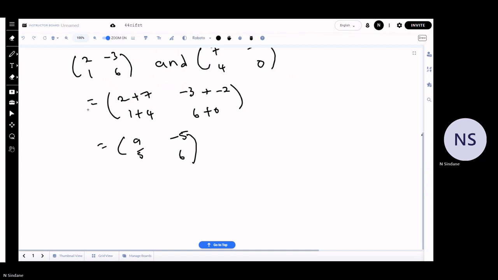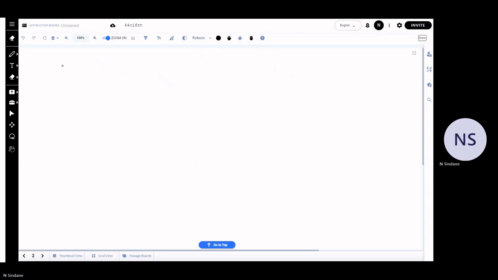Let's take another example. Second example, you are given -3, 0, 7, -4, which must be added to 2, -1, -7 and 6, right? Then I can easily say my solution will be: row 1, column 1, I have -3, plus row 1, column 1, I have 2.